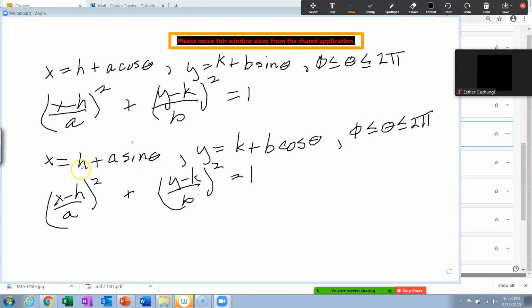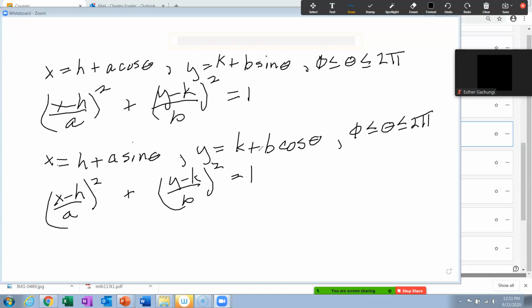So you're starting at h, and when theta is 0, cosine is 1. So you're starting there at k plus b. K you already had, and then you're adding b. And then as theta increases, sine is going more positive, cosine is going more negative. So now you're not going in the counterclockwise direction, you're going in the clockwise.